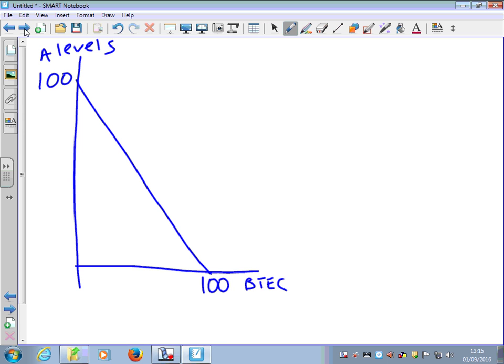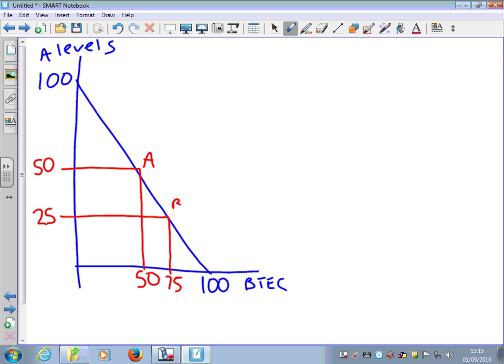Let's imagine at the moment we had 50 of each. Let's call it point A. Let's imagine that during enrolment it became clear that the BTEC provision had increased massively. Loads more people wanted to do BTEC. So what we do, we make less A-level. We'll split it to 25 that we're offering, which means we can offer 75 BTEC.